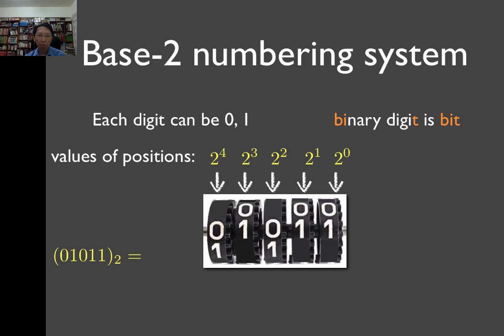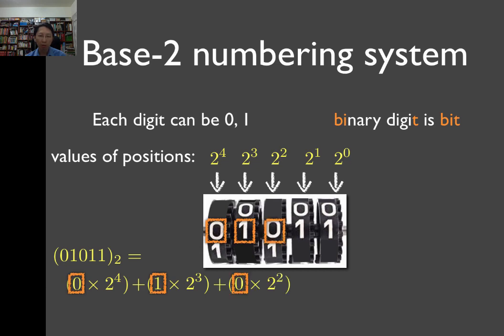So this 0, 1, 0, 1, 1. What is its value? Again, the same principle. Each digit times its corresponding weighting. So for the leftmost digit is 0 times 2 to the 4th power plus 1 times 2 to the 3rd power, and keep doing this until we reach the rightmost digit.